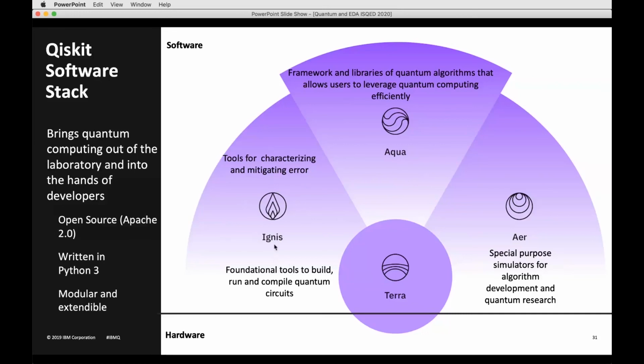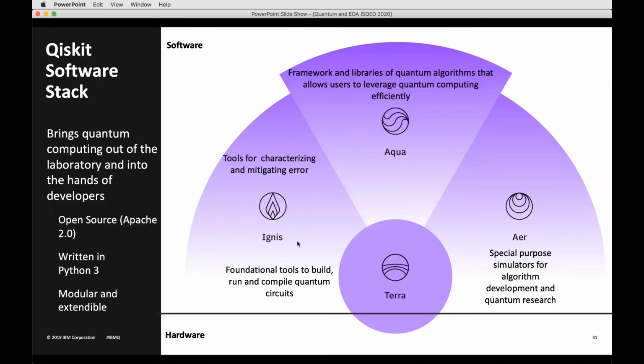And we have opened up what we call kind of the pulse library in the Ignis layer, where you can program the pulses that the FPGA stack sends to the actual quantum hardware and do key measurements kind of to come up with better characterization and mitigation and error type of algorithms.